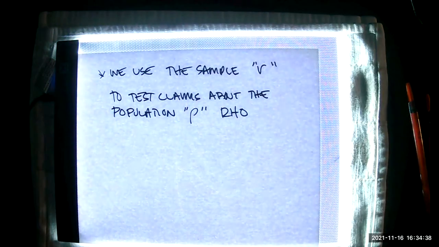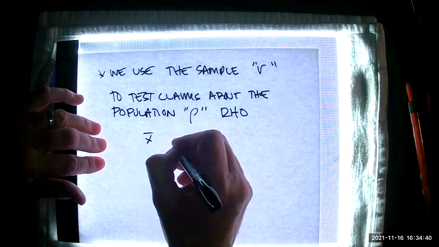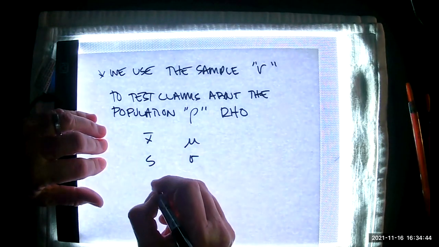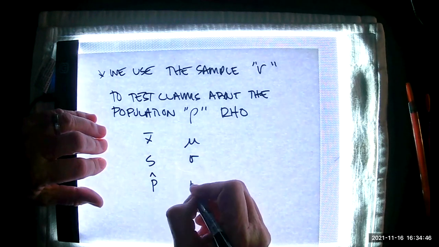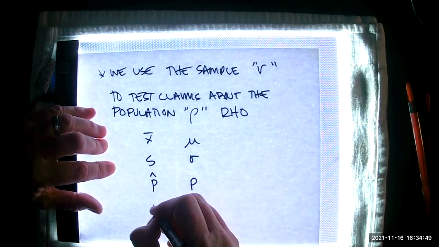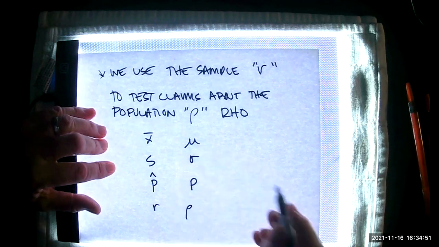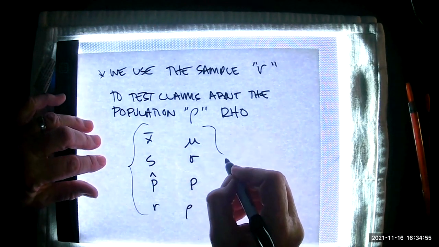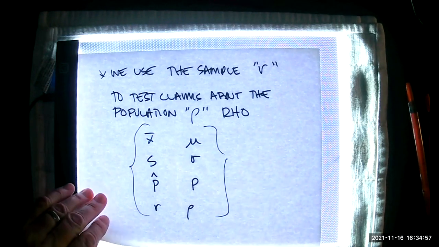So very much like we had X bar and mu, S and sigma, P hat and P, now we've got R and rho. You have your sample statistics, you have your population parameters.